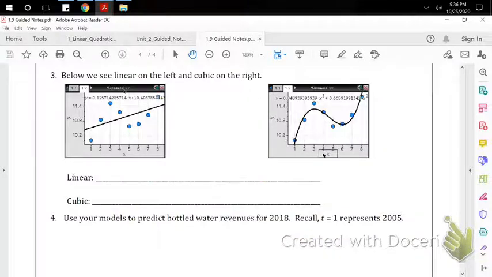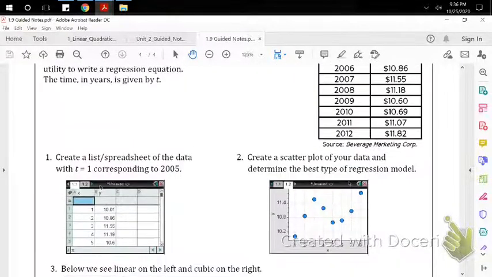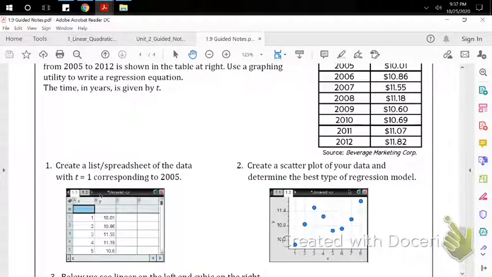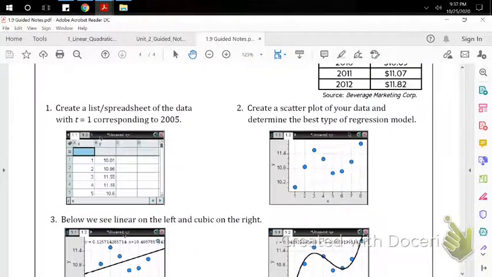The numbers are like 10.01, 10.86, 11.18, 10.69, 11.82. In 4 years, do you really think it's going to jump up to 49 point something, or do you think maybe it'll go up to 12 point something? Yeah, the 12.171 sounds more realistic. So I think for data outside of the numbers that they gave us, the linear would probably fit a little bit better than the cubic, but for the data that they gave us, it definitely looked more cubic.